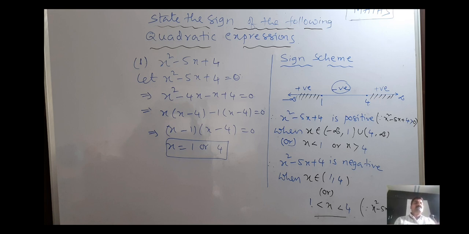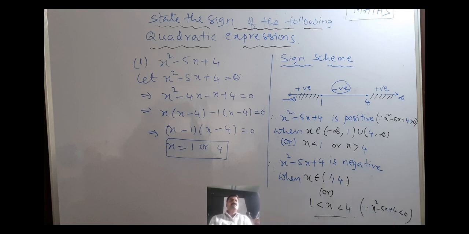The same thing we can also write as x less than 1 or x greater than 4. Similarly, the given expression is negative in the middle, in between 1 comma 4. That's what I can write as x belongs to the open interval (1, 4), if not, 1 less than x less than 4.